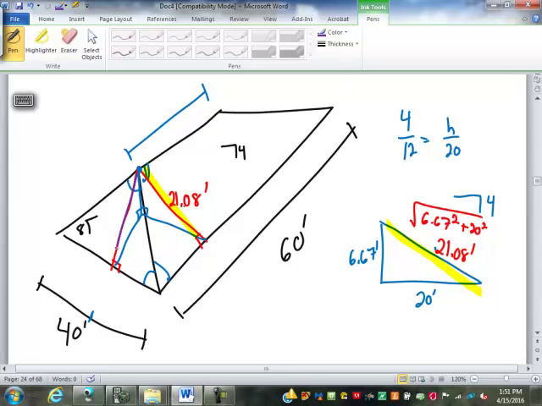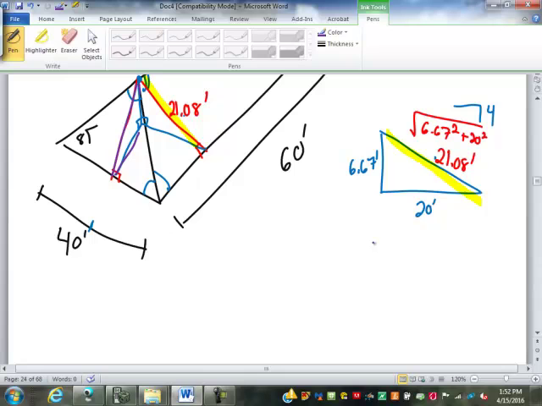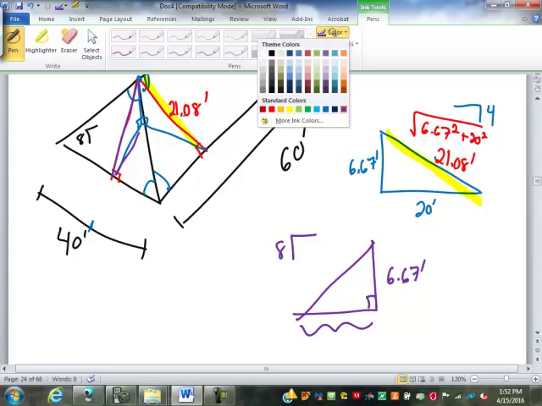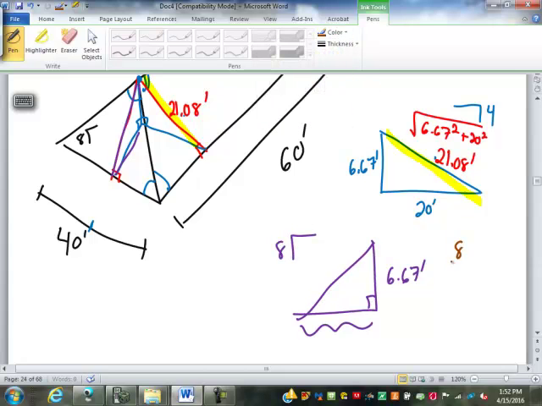Next, I'm going to look at this one here. What I know about that one is, do I know it's set back down here? No, I don't. But I know it has to be 6.7 feet high. And it's got a slope of 8/12. So if I do 8 over 12 equals 6.67 over that setback, I get that this is 10 feet.